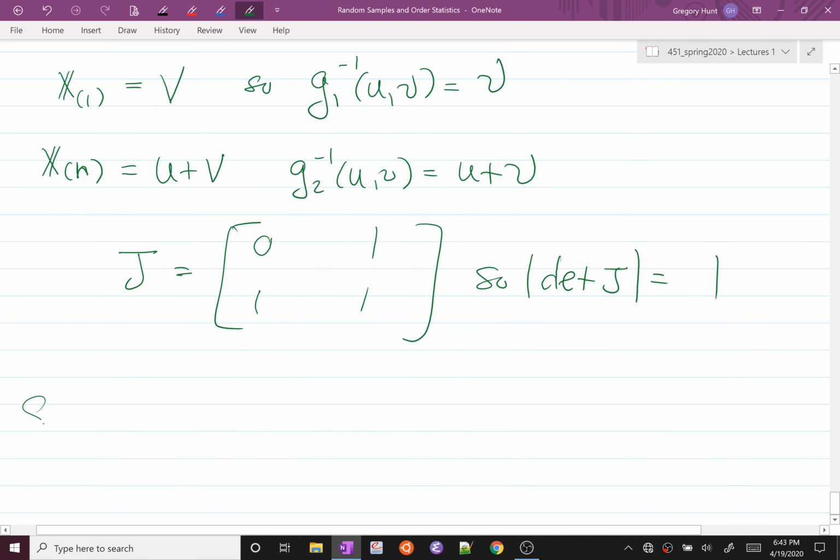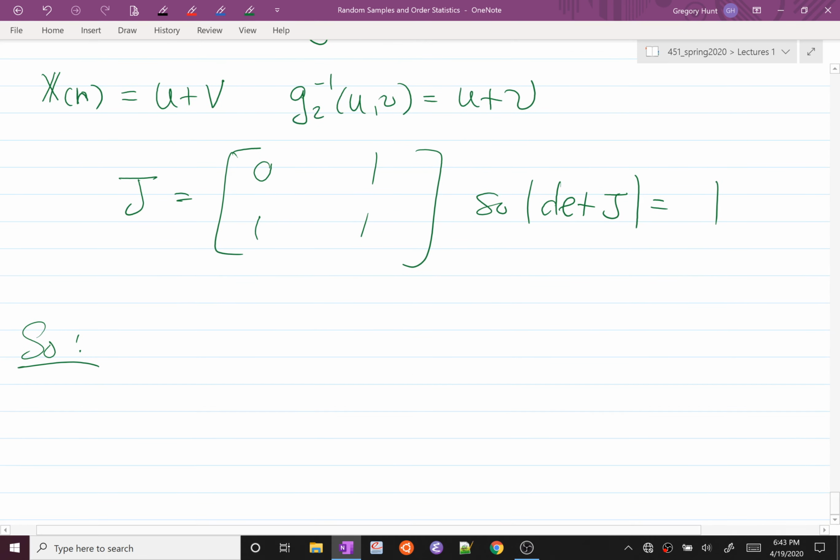And so, altogether, what do we get? We want the joint distribution of U and V at little u, little v. This is the joint distribution of, in this case, not x and y, but x1 and xn.